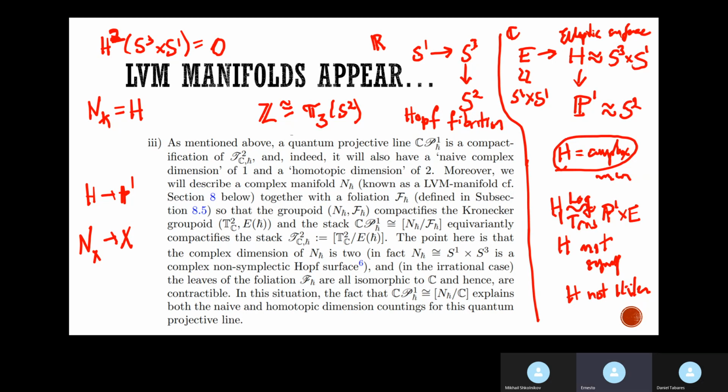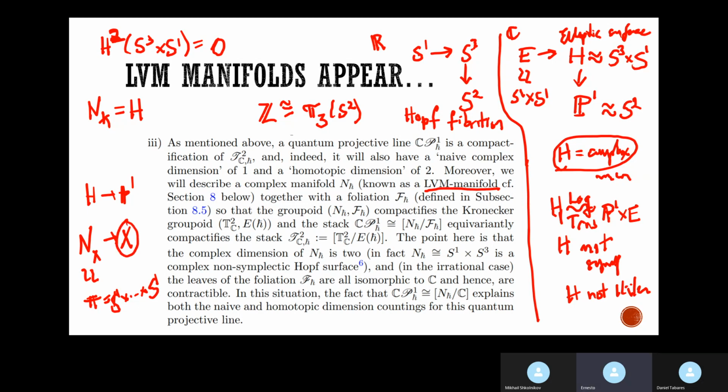I mean, this will be some tori that is a complex manifold. It's a 1 crosses 1 crosses 1 crosses 1 crosses 1. But this will be called an LBM manifold when I consider a general toric variety.